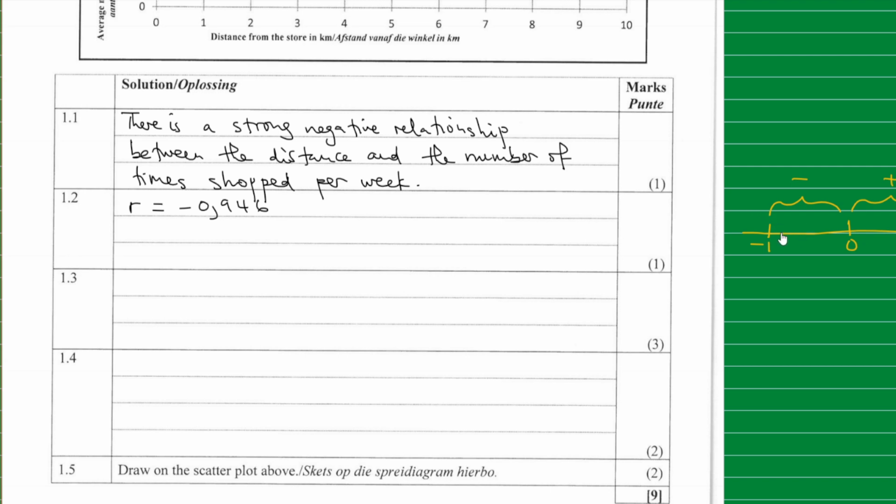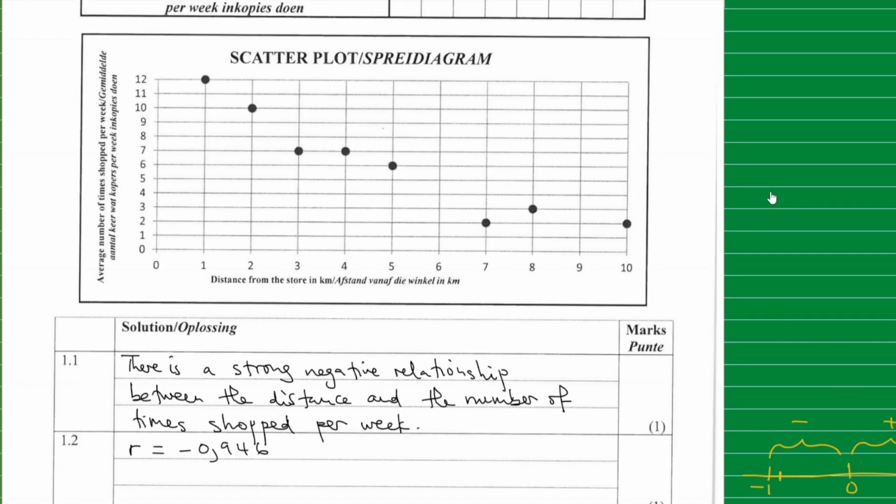So this is positive and that is negative. Now, any value that is close to negative 1 is close to being perfect. So we can say that for our R, there is a strong negative association. Actually, we can just write our values like this.